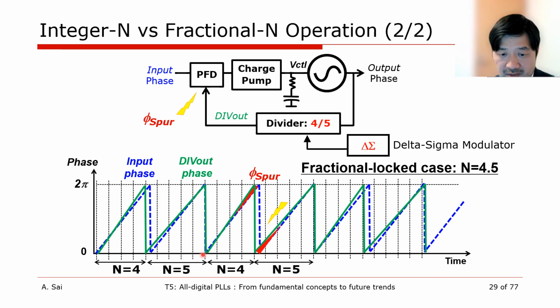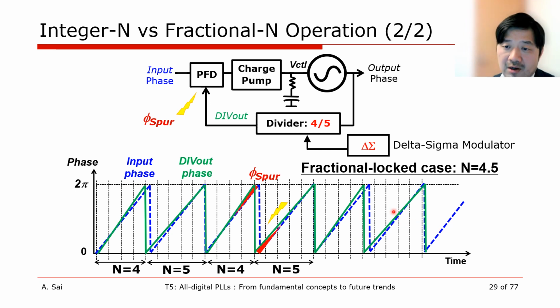During the period when the division ratio is 4, the output of the frequency divider is slightly ahead of the reference phase. Conversely, during the period when the division ratio is 5, the output of the frequency divider is slightly behind the reference phase. On average, a division ratio of 4.5 will lock the output to the reference phase.